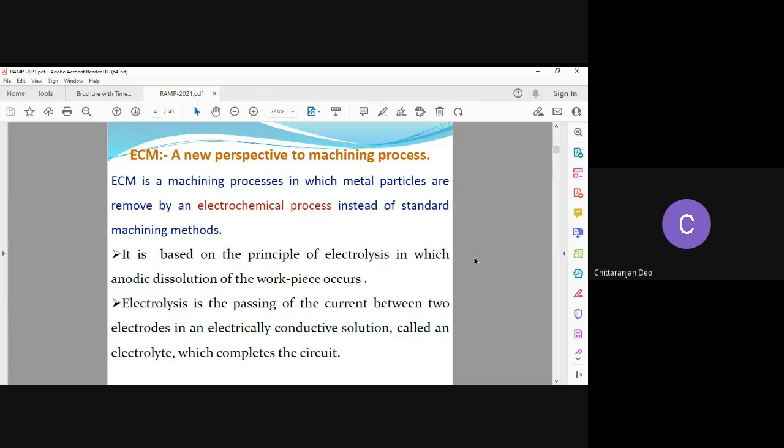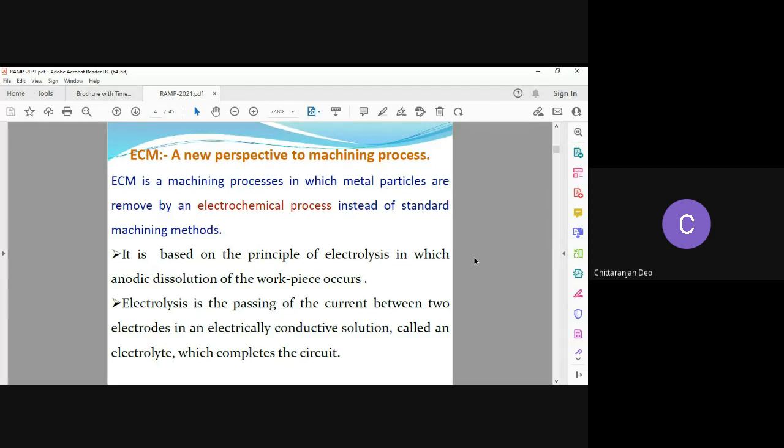ECM is a machining process in which metal particles are removed by an electrochemical process instead of standard machining methods. It is based on the principle of electrolysis, in which anodic dissolution of the workpiece occurs.